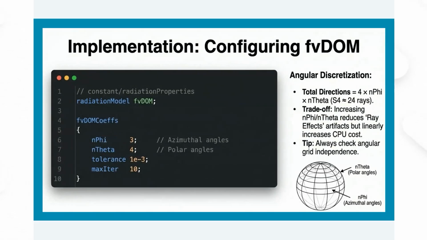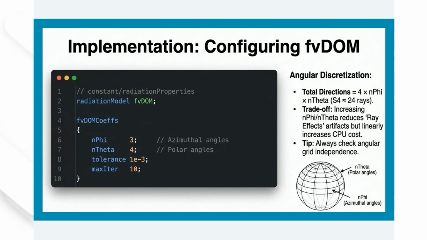Next, we have the FVDOM. To enable FVDOM, you just need to change the model from P1 to FVDOM. There are going to be certain coefficients that will come into play here. We'll talk about these. The most important numbers here are nPhi and nTheta, as you can see in the bottom right figure here. These are essentially the azimuthal and polar angles respectively. These parameters control how finely we slice the sphere. Think of these as your resolution settings, just like increasing pixels on a screen.